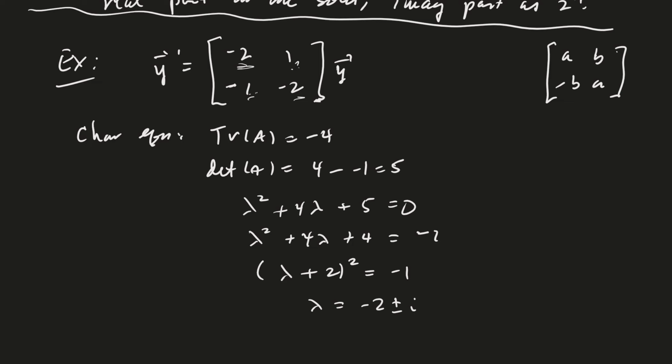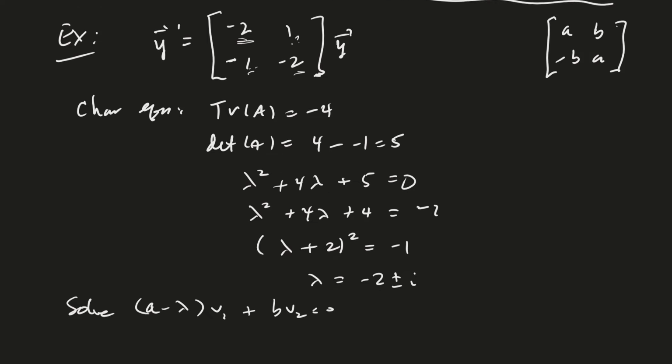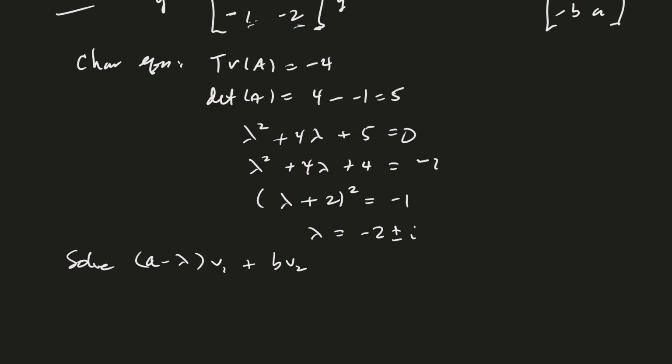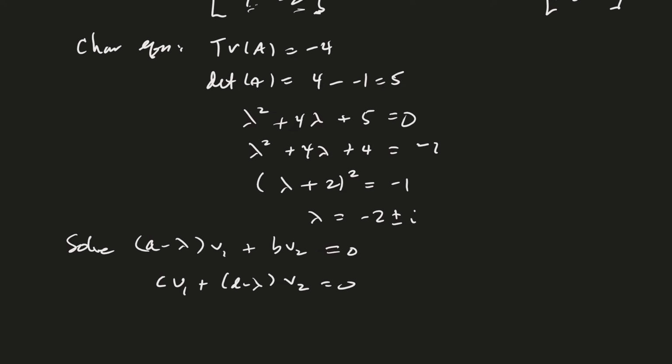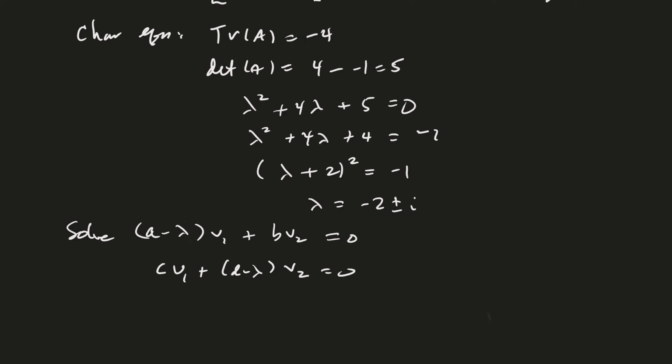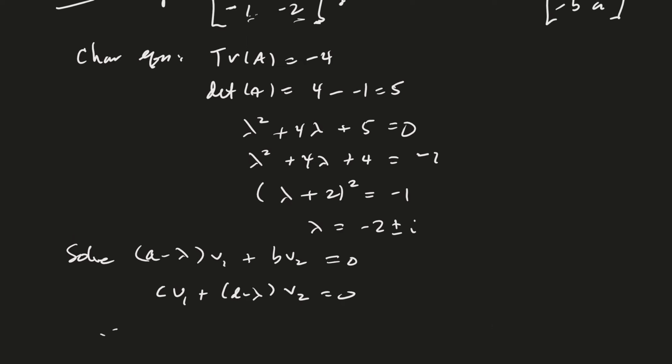Now we need to find an eigenvector. So we solve a minus lambda times v1 plus b v2 equals 0. You could write down the entire system if you wanted to, c v1 plus d minus lambda v2 equals 0, but in our case I'm just going to use the top equation. That's minus 2 minus, minus 2 plus i, times v1 plus v2 equals 0.